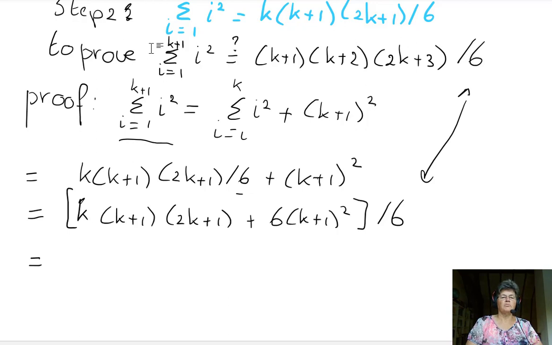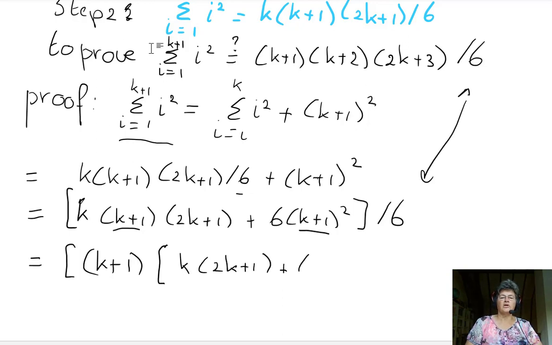Let's try to simplify. Now we have a k plus 1 here and a k plus 1 there, and there's a square, so I can put k plus 1 outside brackets, and then on one element I have k times (2k plus 1), and on the other side I'm still left with 6 times (k plus 1), and that divided by 6.